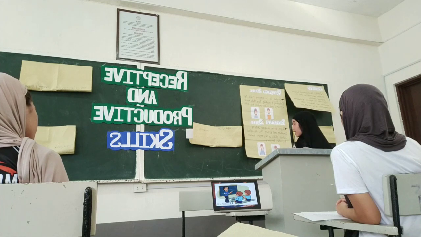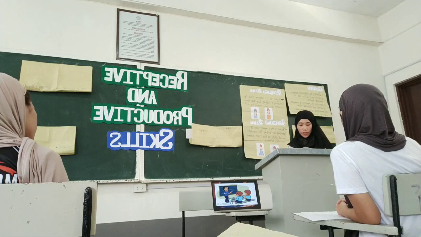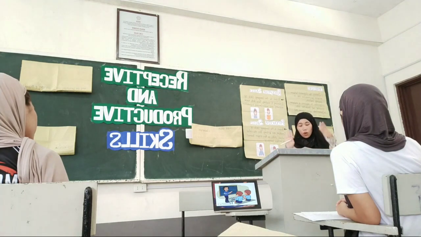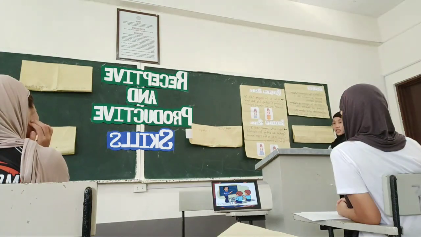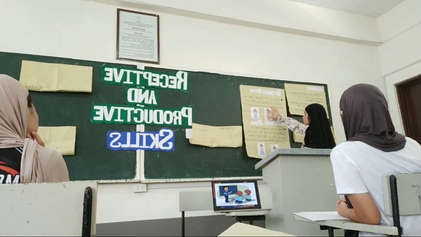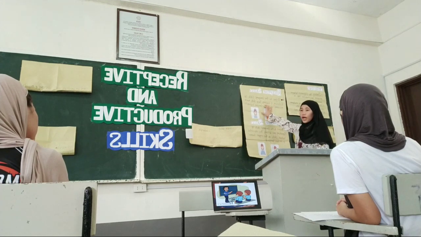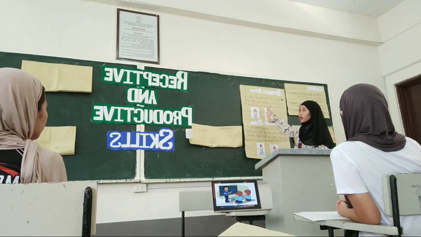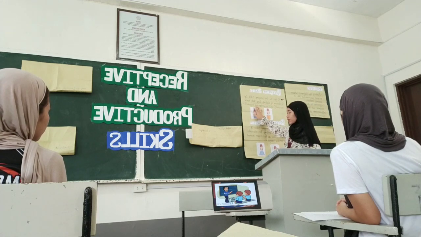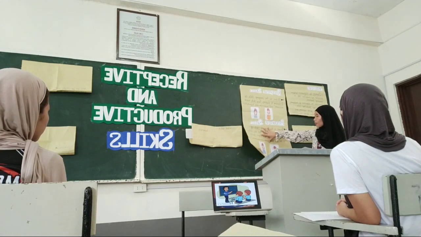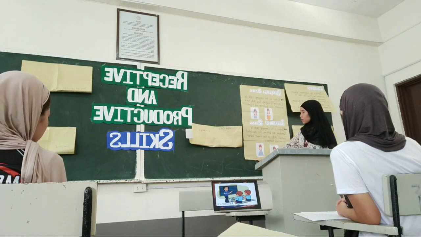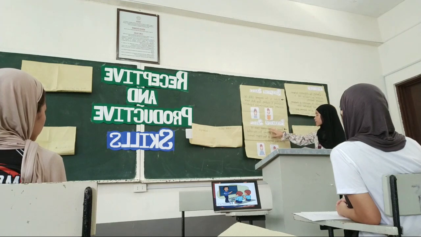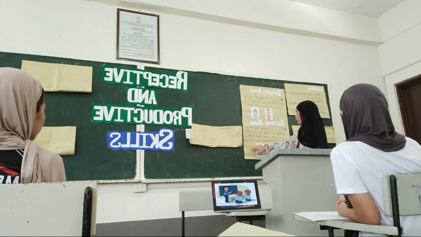While writing is composing an essay or report and organizing your thoughts in a coherent and well-structured manner. So it's easy to understand this too, because this one you do not require to produce language, but this one, productive skills, you need to produce language. That is why productive skills is speaking and writing.